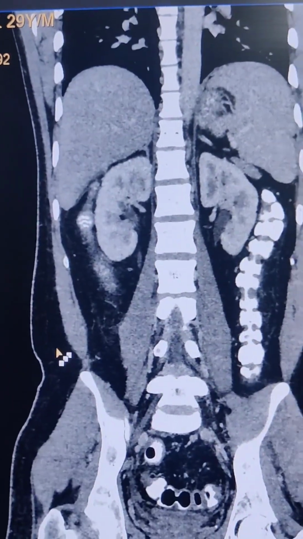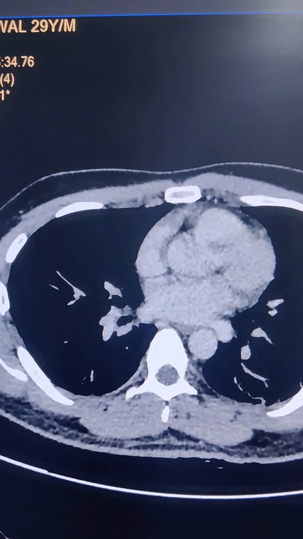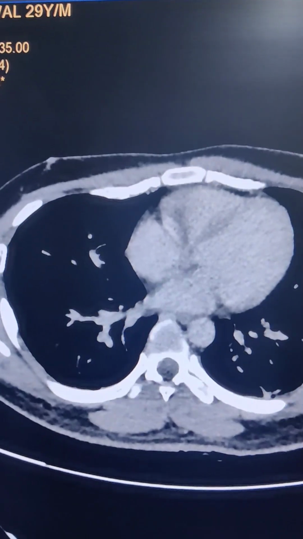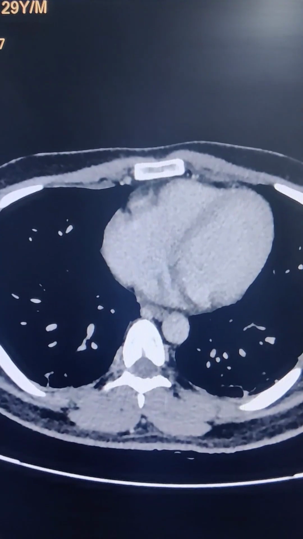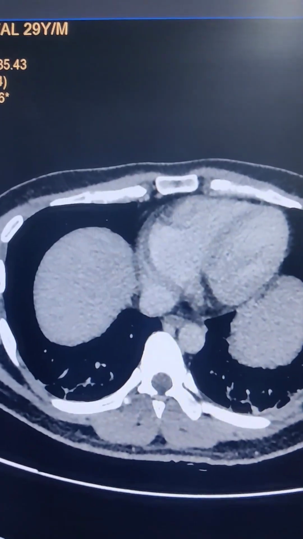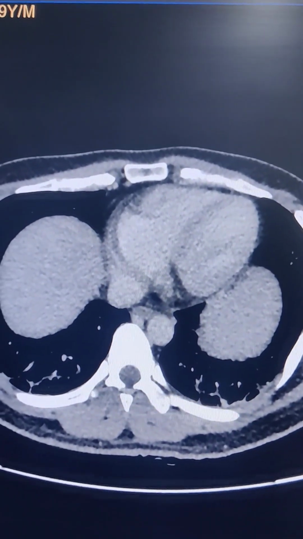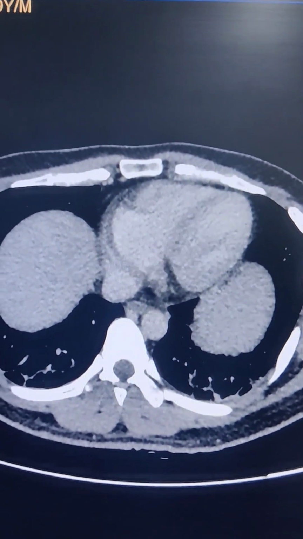Other findings associated with this entity are an altered relationship of the SMA and SMV, superior mesenteric artery and superior mesenteric vein. In normal cases, the superior mesenteric artery lies on the left side and the superior mesenteric vein lies on the right side.